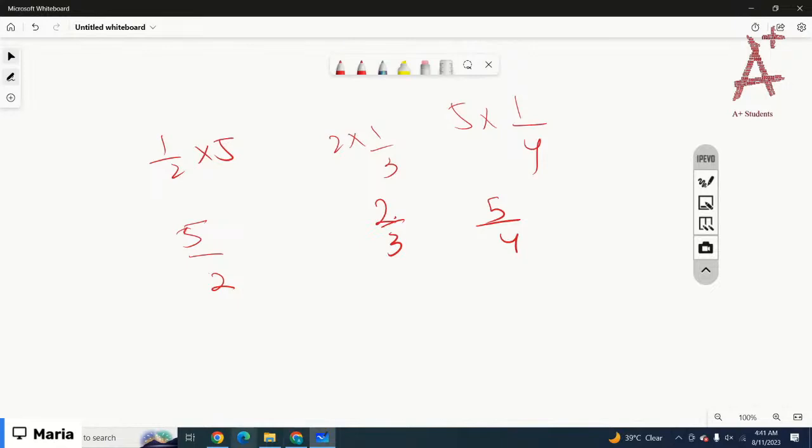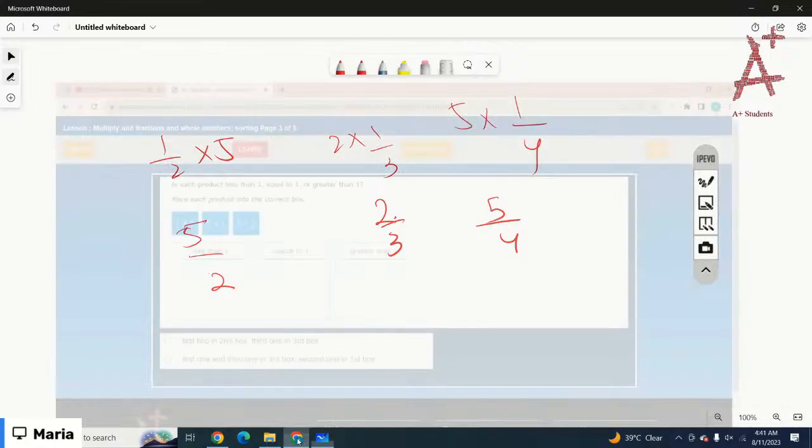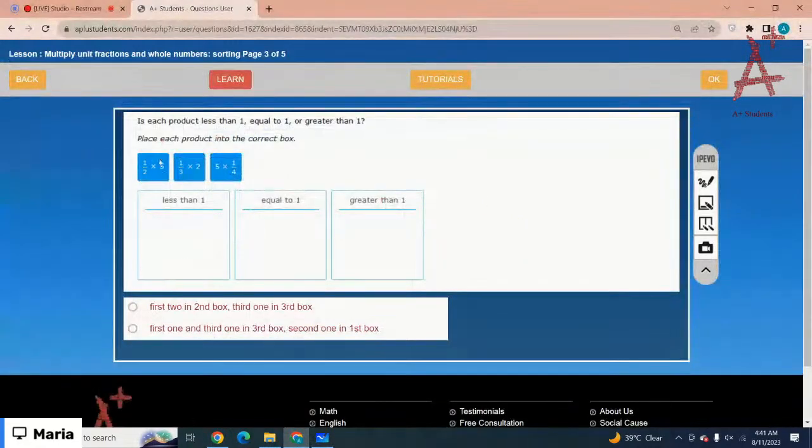So 5 over 2 is greater than 1. First one and third one are in the third box. Yes, the second option is the correct one, right?